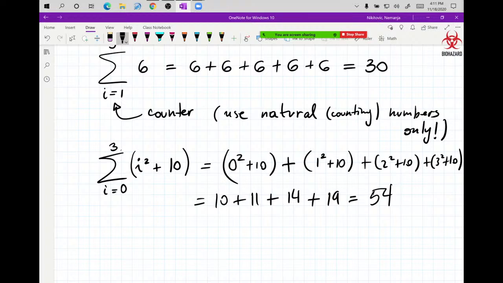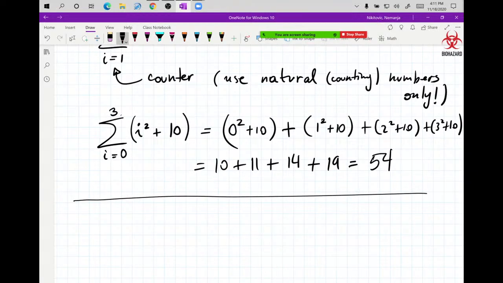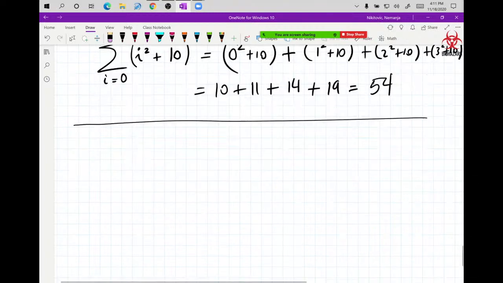So summation notation is used to compress these expressions, if they have some kind of a pattern that can be expressed within the counter. And literally you can have any formula. You can make up whatever you want. You just have to follow the rule that every integer between 0 and 3, including 0 and 3, is used up and represented in this sum.